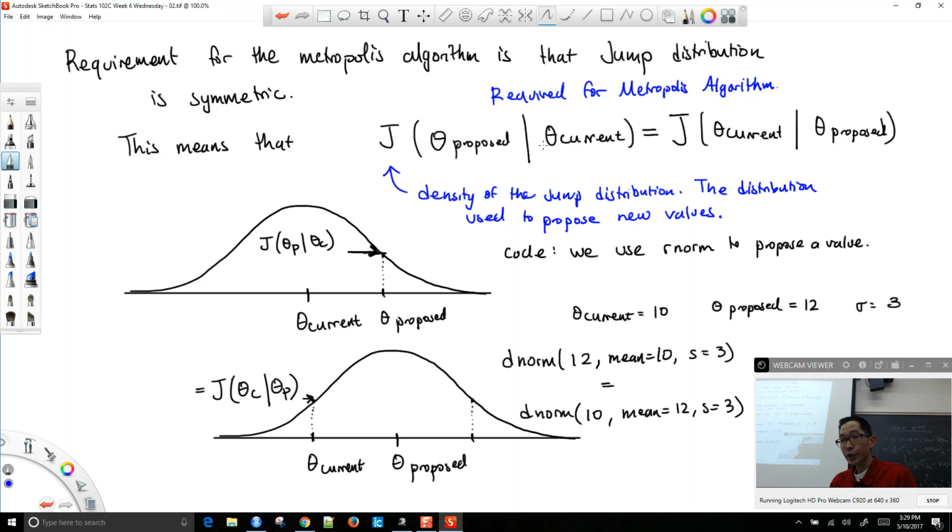We can relax this requirement. I don't want to always have to deal with the normal distribution. Maybe I want a different proposal distribution, one that is not necessarily symmetric. When you do that, you get the Metropolis Hastings algorithm.